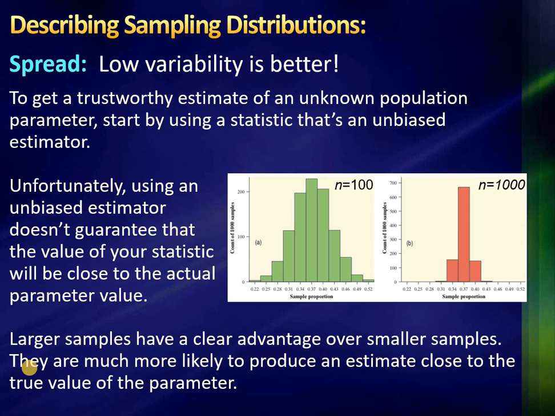If I've got 1,000 values, I can't find 1,000 values that are all going to be up here. The larger the sample, the more I have to take of those lower values, which is going to pull my average closer towards what it actually is. So you can have an unbiased estimator, but you still want as large of a sample as possible to reduce your variability.